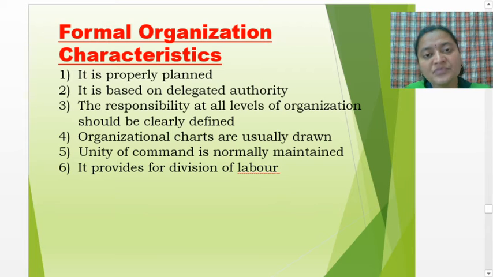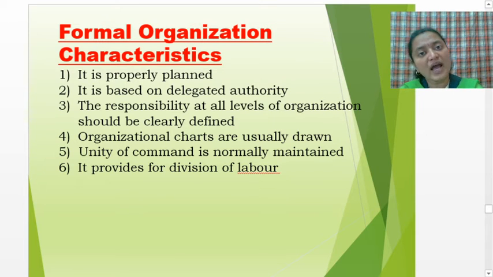Then the next one: it provides for division of labor. What do you mean by division of labor? Division of labor means how the work is divided or distributed among all the individuals in different parts and subparts. Suppose a single individual wants to handle the entire work; it is not possible.